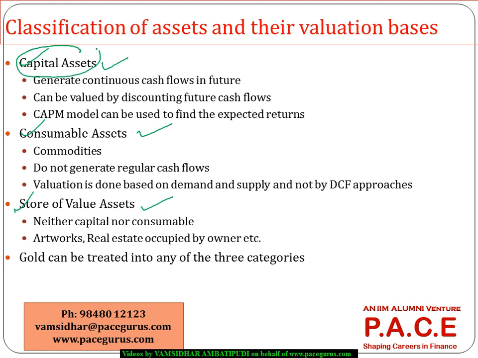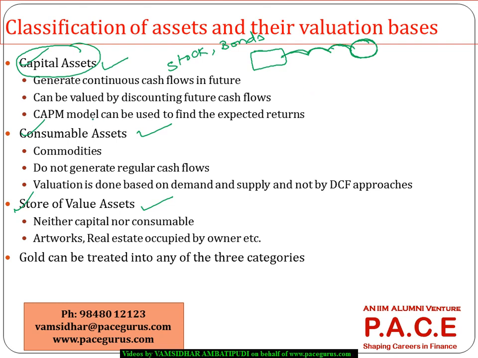When I say capital asset, I am investing in this and it generates a regular cash flow, at least for some predefined period, and it can be sold off at the end of some period, typically like your stocks and bonds. They generate continuous cash flows. So whenever we are doing the valuation of such assets, we can discount the future cash flows to their present value.